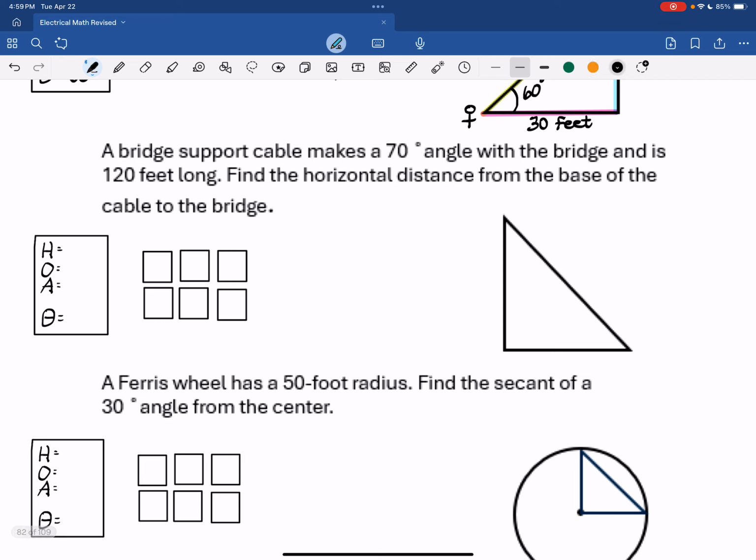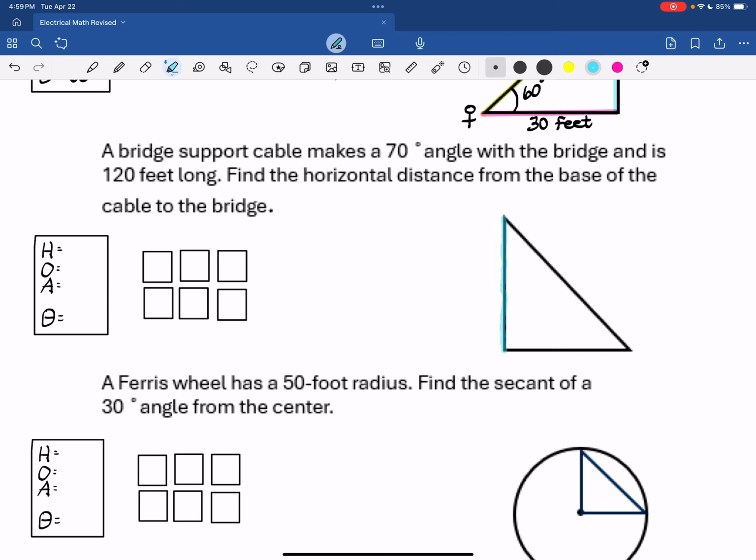All right. A bridge support cable makes a 70-degree angle with the bridge and is 120 feet long. Find the horizontal distance from the base of the cable to the bridge. So our bridge is going to be which of these sides?